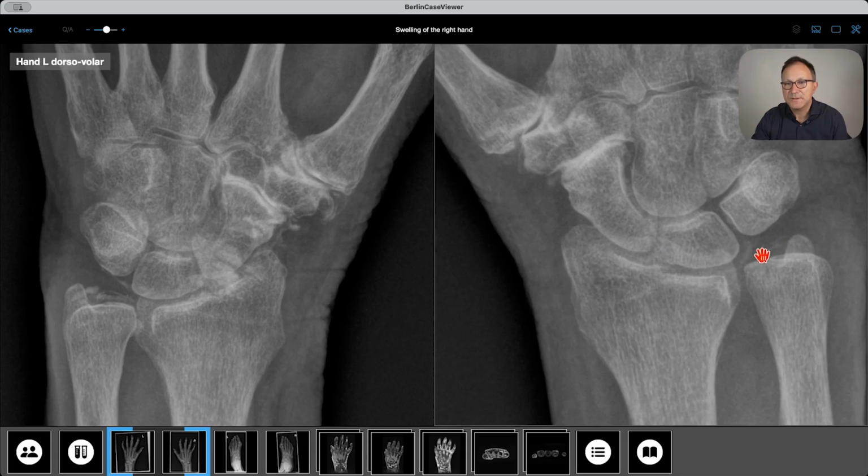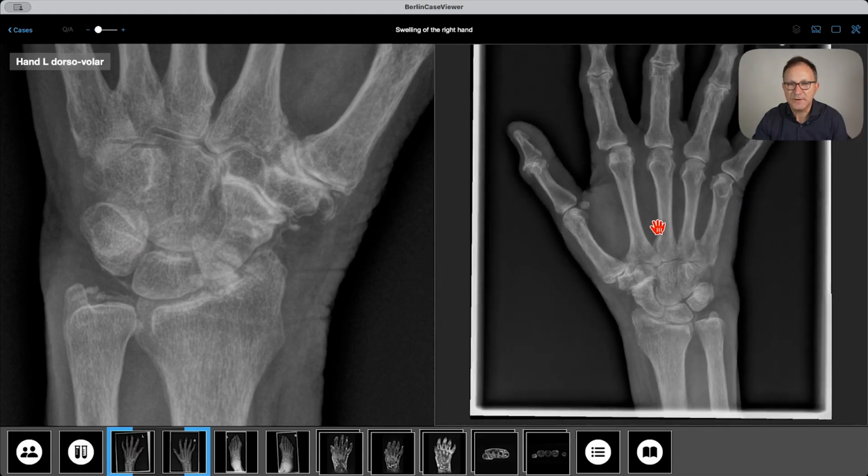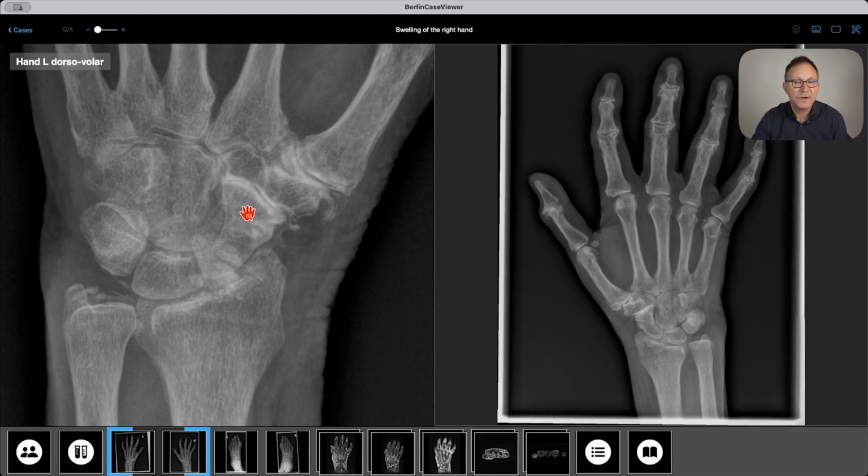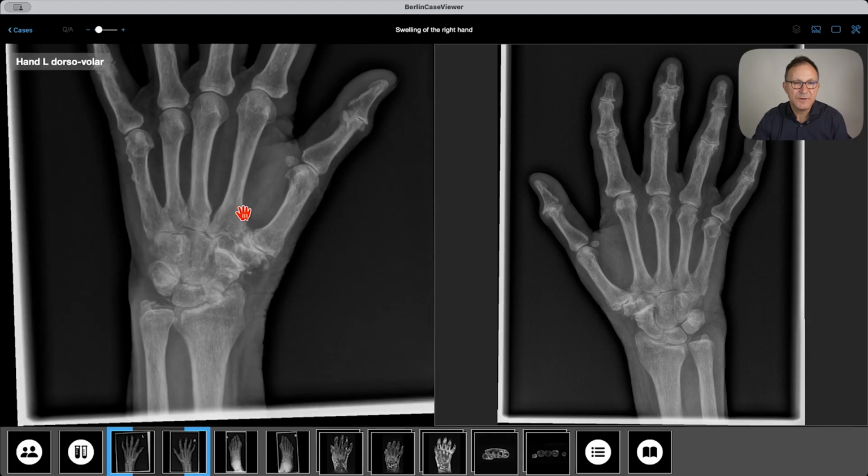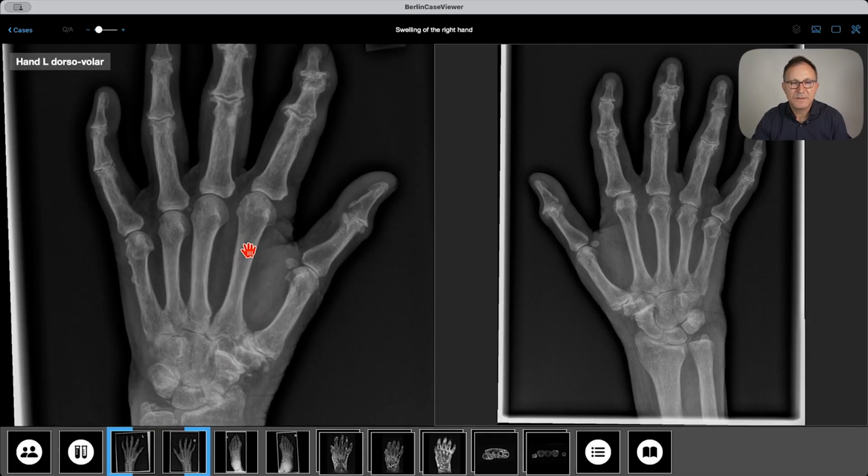And in addition, we also see very intense calcification of the TFCC on both sides, and this extends here to the ligamentous structures close to the CMC joints, STT joint, and maybe also some intercarpal joints. So we have calcifications, we have joint space narrowing, and we have osteophytes. So this would be a good example of osteoarthritis and also a concomitant CPPD.